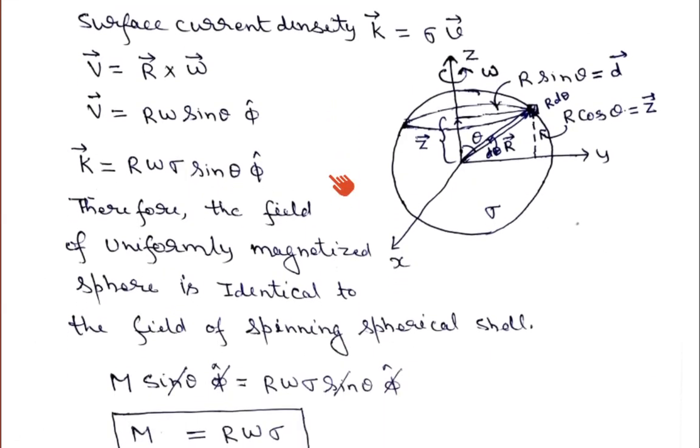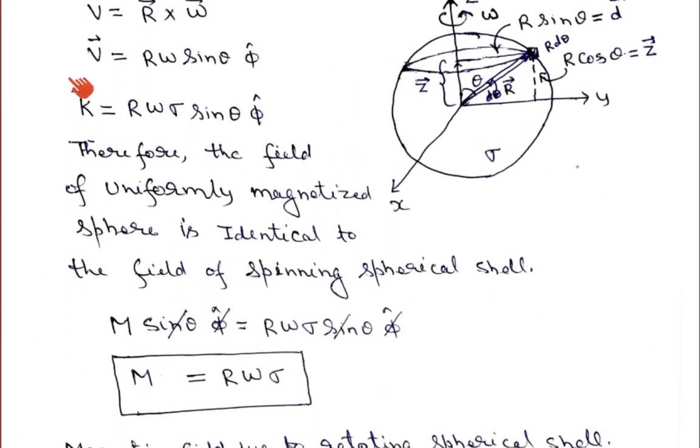So both currents are equal, so this Kb vector, the bound current, will be equal to this current K vector.